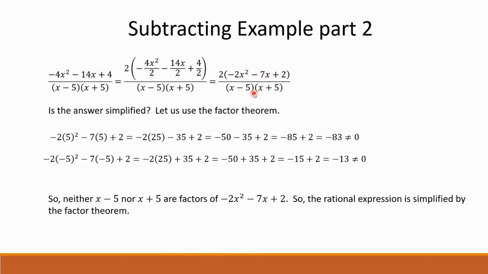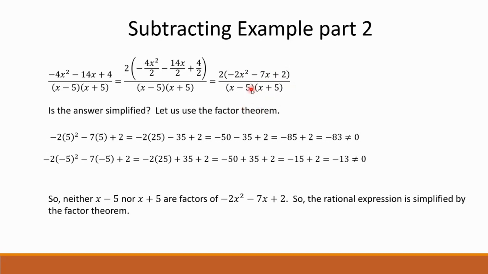In other words, looking at the denominator, hopefully you can see this, for x minus 5 to be a factor of the numerator, 5 would have to be a root of it. Same thing with x plus 5, except instead of 5, it would be -5. So for x plus 5 to be a factor, the numerator would have -5 as a root.